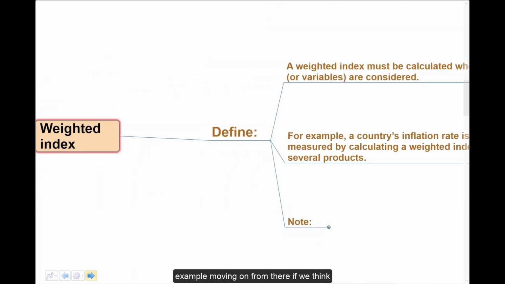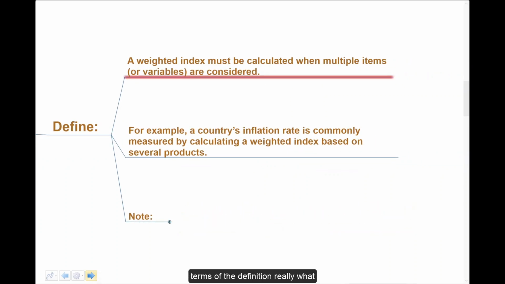Moving on from there, if we think about a weighted index, it's slightly different but not overly complicated. In terms of the definition, really what we're talking about is considering multiple items or multiple variables. So, RPI and indeed an inflation rate would be a typical example of that.